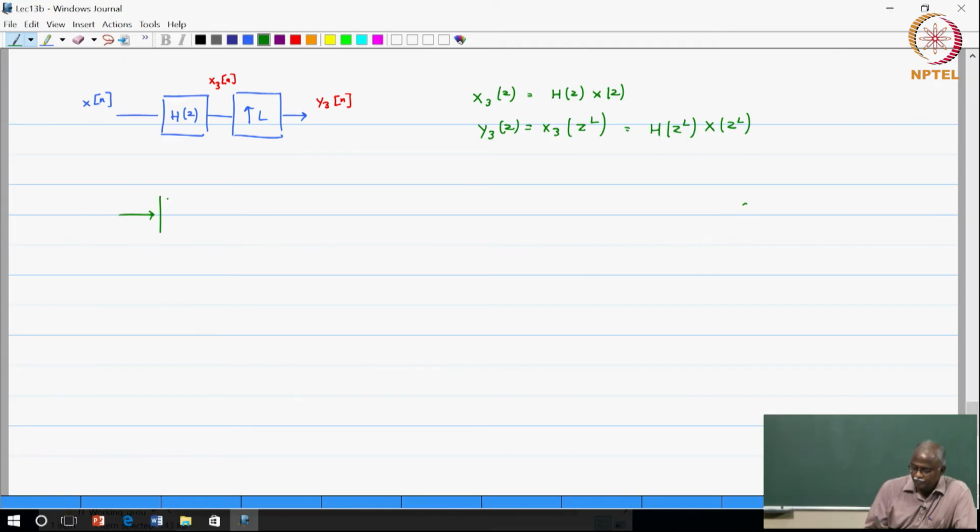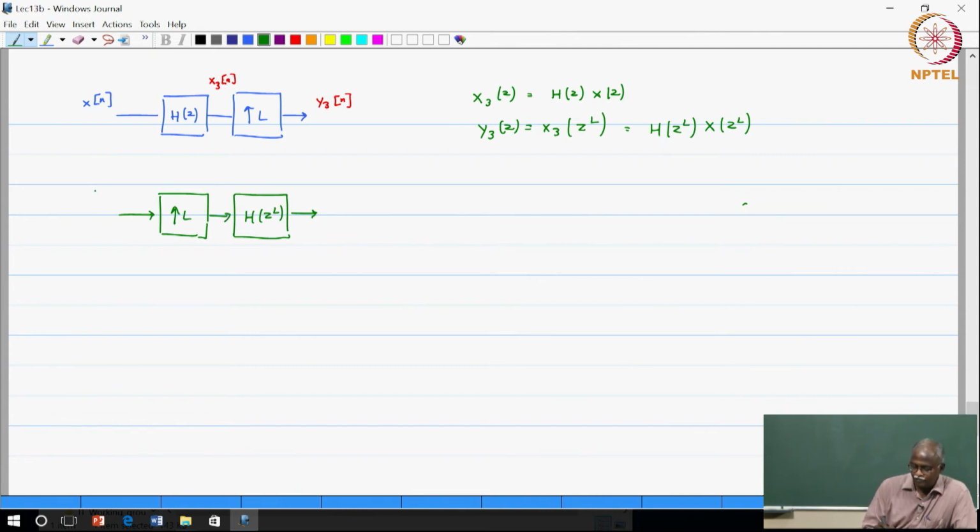It says that the structure, if I do the following, upsample by L and then do the processing with h of z power L, what will it be?